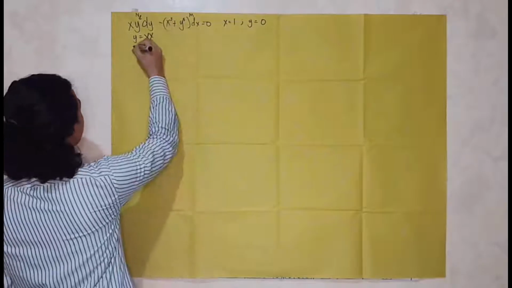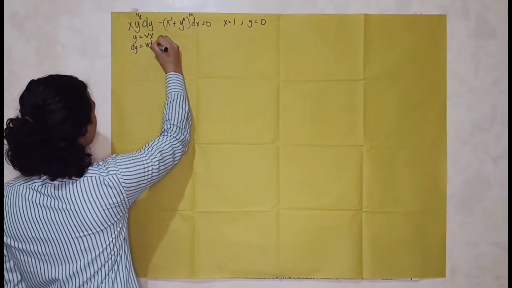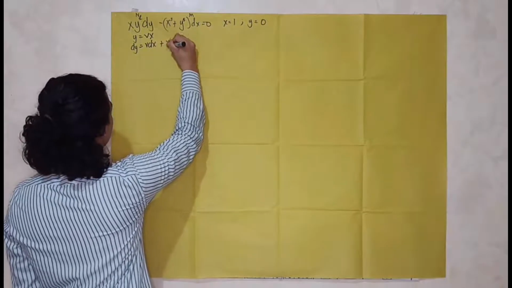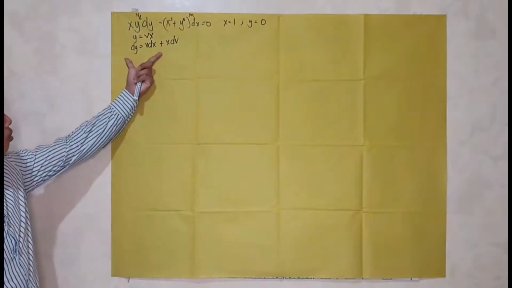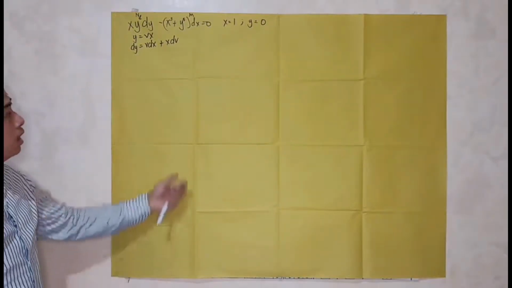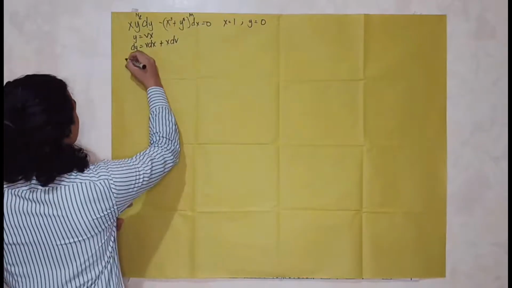So derive natin dy is equals to v dx plus x dv. So meron na tayong y and dy. I-substitute na natin sa original equation.